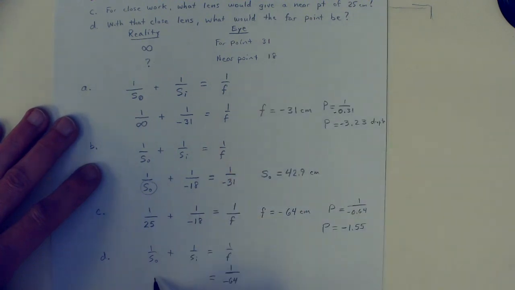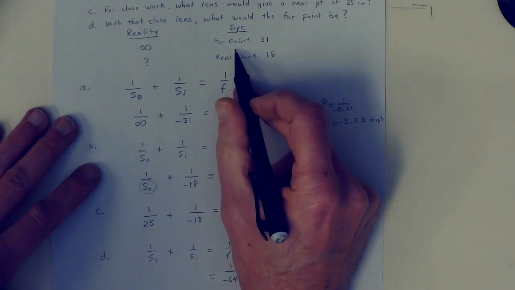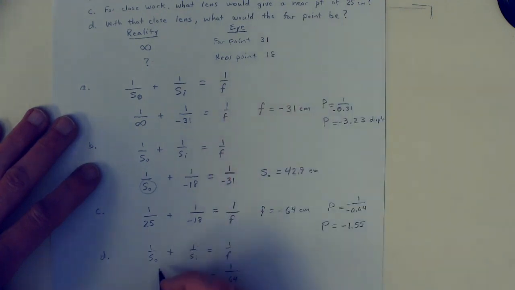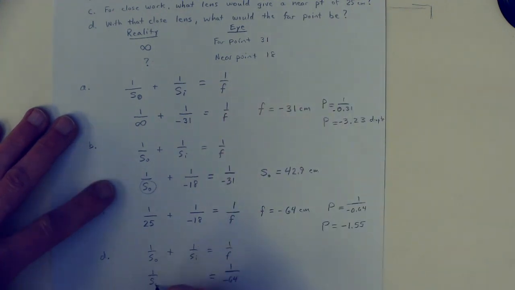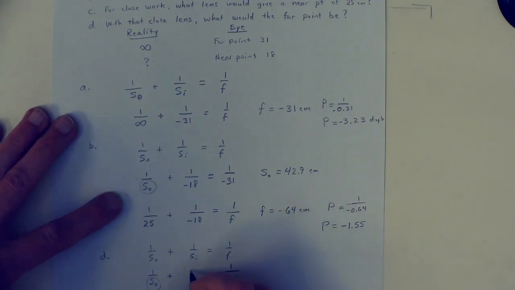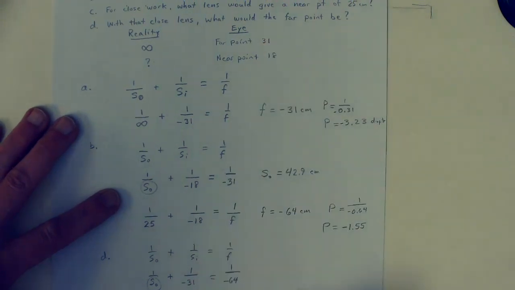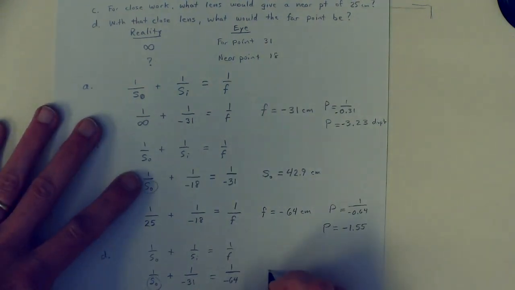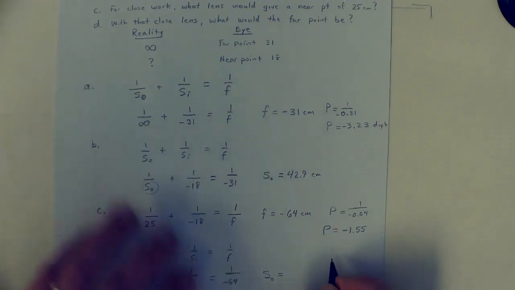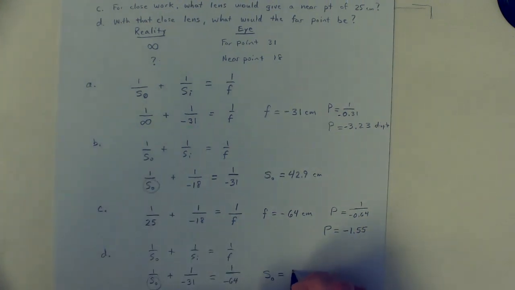So where do we really put an object so that it seems to be at 31? Well, we don't know what the object distance is. It's what we're trying to find. And this, again, has this minus sign in here. Minus 31 is what the far point is now. What will it be? And if you do this, you get an object distance of 60 centimeters.